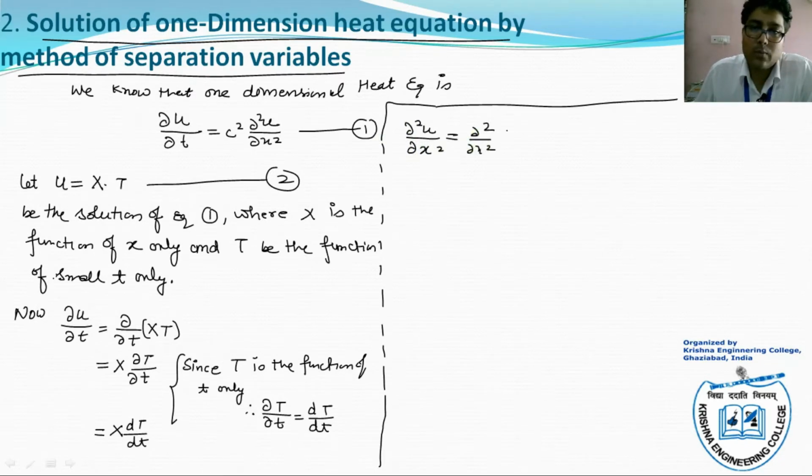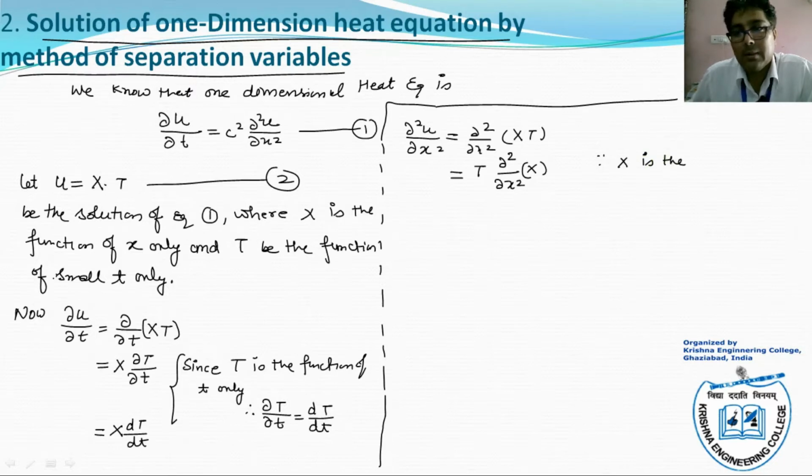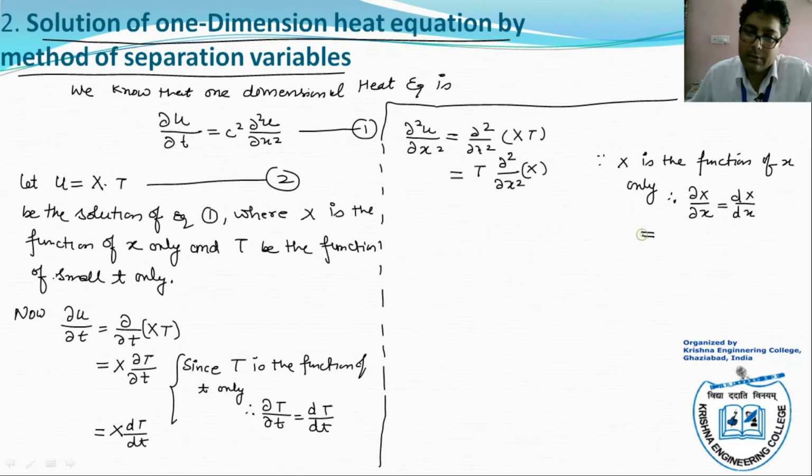The value of u is capital X into capital T. Now find the partial derivative with respect to x only, so T is constant for this, so take the capital T outside from this, so we get del square over del x square of capital X. Again we use the same argument, since capital X is the function of small x only, del capital X over del small x becomes d capital X over dx, and differentiating again, we get del square capital X over del x square becomes d square capital X over dx square, right?